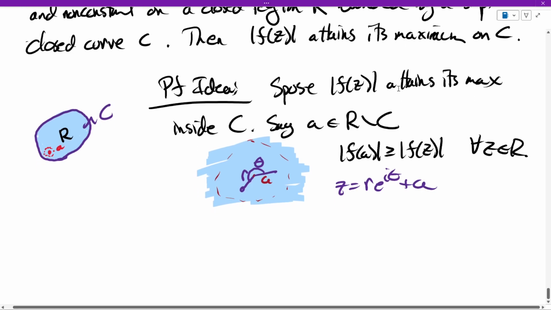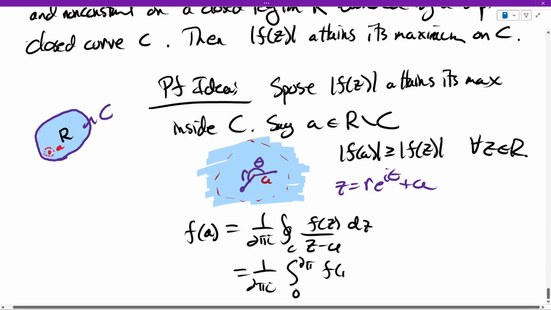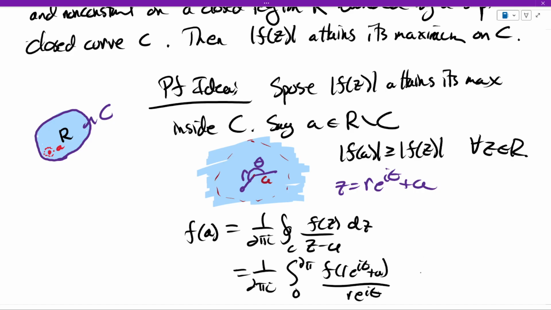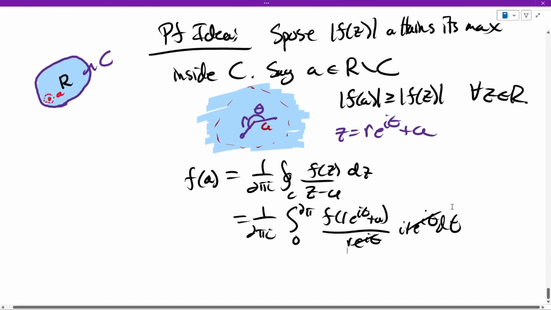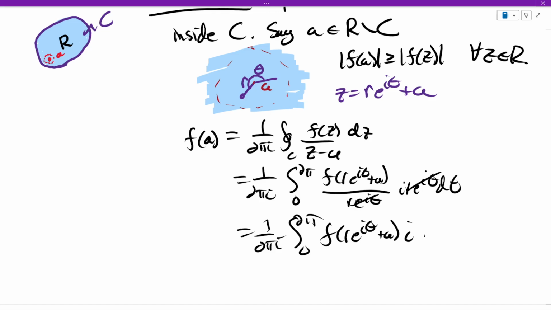In particular, f of A itself is given by the Cauchy integral formula over some circle containing A, of f of z dz over z minus A. And this is 1 over 2 pi i times the integral from 0 to 2 pi of f of re to the i theta plus A over re to the i theta, times i re to the i theta d theta, and these cancel, and you get 1 over 2 pi i times the integral from 0 to 2 pi of f of re to the i theta plus A times i.